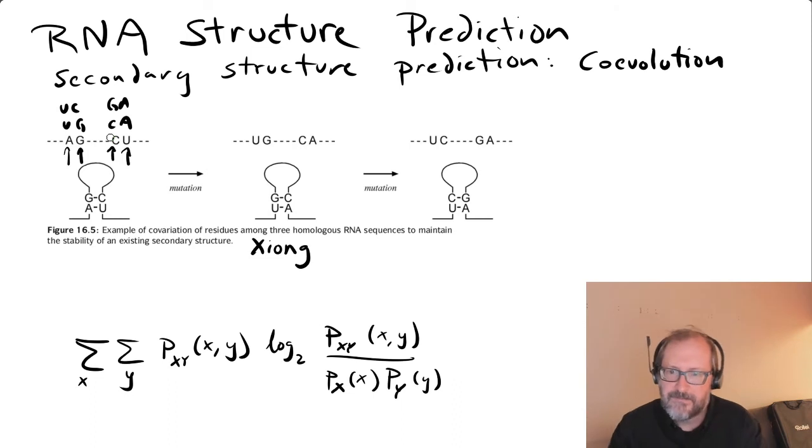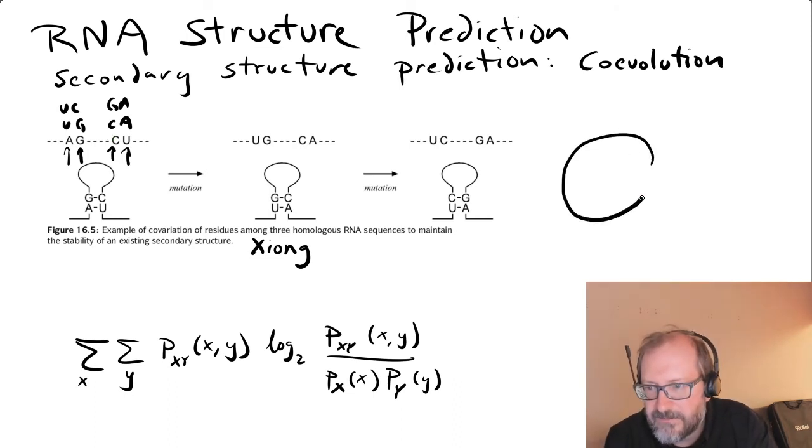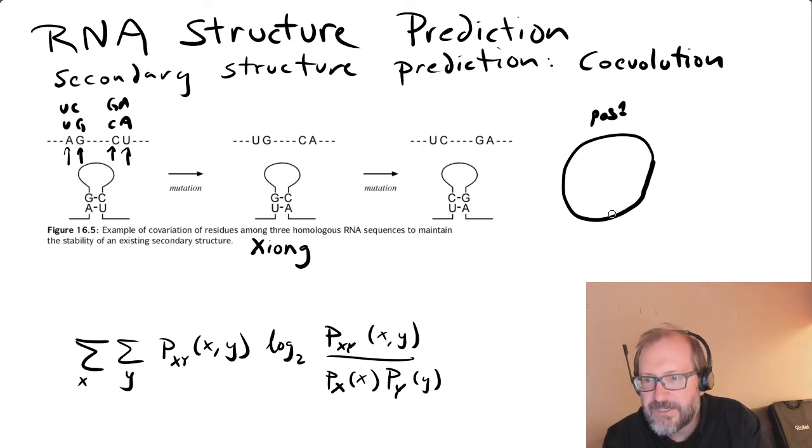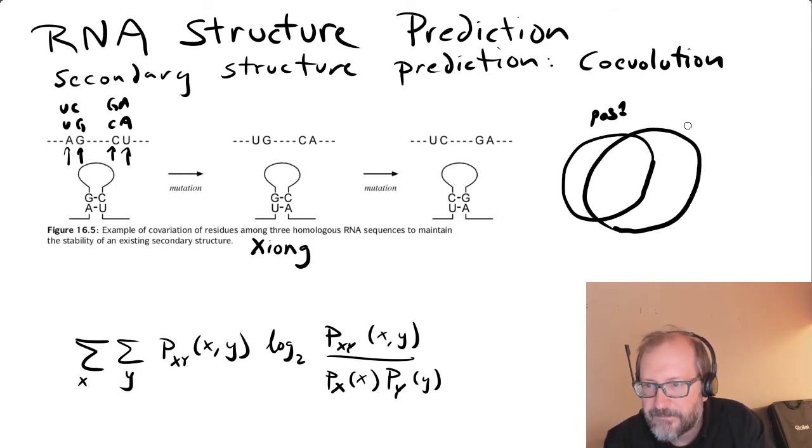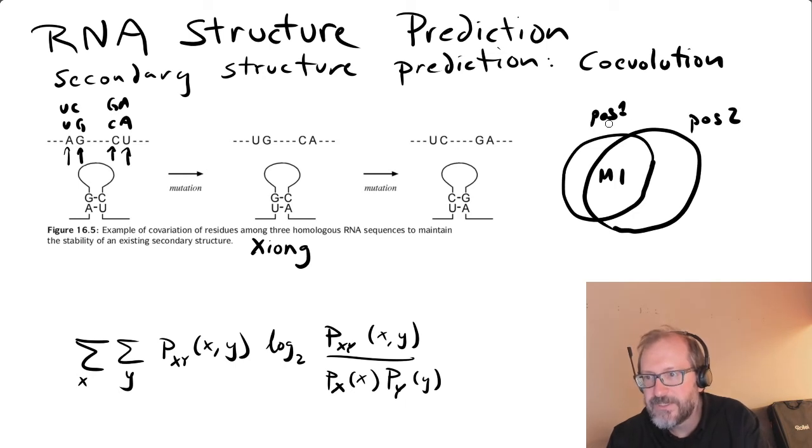And mutual information quantitatively means that if, let's say, this is position 1, this has this much information, and position 2 has this much information, this would be the mutual information. How much of position 1's information is known by position 2.